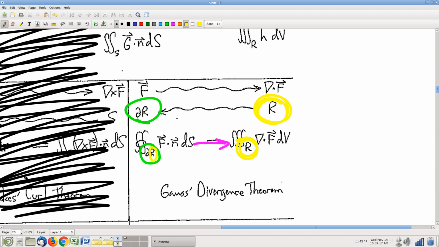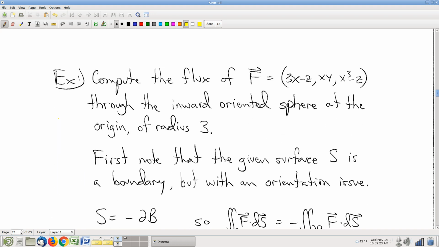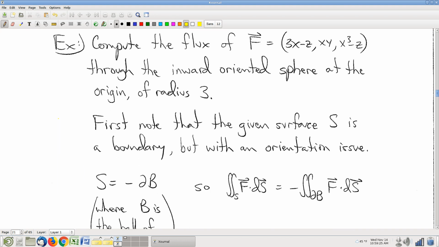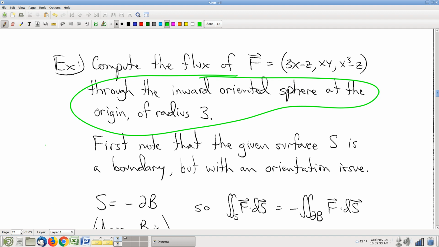Okay, so before we get too into the idea of using Gauss's divergence theorem, we have to go back over here. Is our surface a boundary? We have a sphere centered at the origin, radius 3. Is that a boundary? There's a temptation to say, sure, it's all closed up, that's the boundary of a ball.